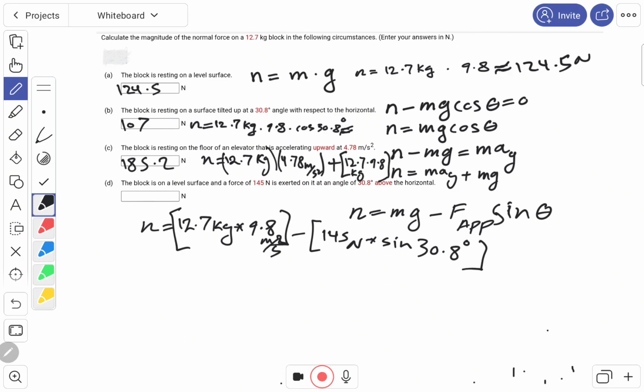If I plug in the numbers in the calculator, 12.7 times 9.8 minus 145 times sine of 30.8 is going to be 50 Newton.